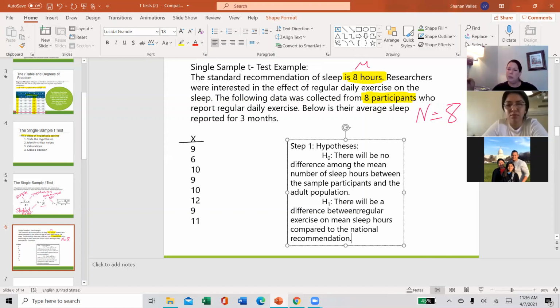Okay, maybe people who exercise don't need as much sleep. Maybe they have more endorphins. Maybe they have more serotonin. Maybe they're happier. Maybe they don't sleep as much. So we don't know. So we're going to leave it as a two-tailed test. And that's why we get very kind of generic hypotheses. We're not trying to claim that it's going to be higher or lower.